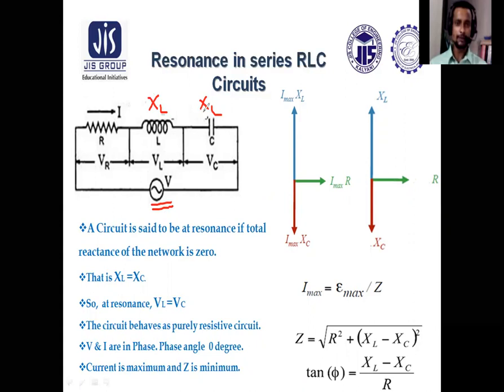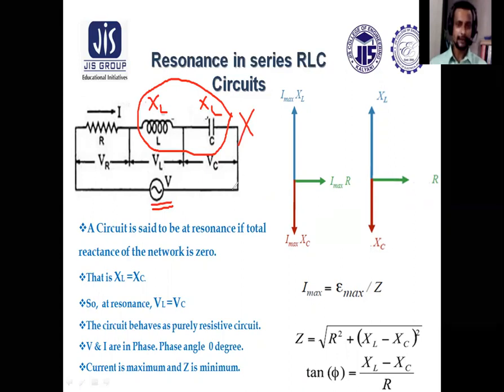When these two become equal, XL is in upward direction, if you remember, XC is in downward direction. So the entire effect of this reactive part will no more be there in the circuit. Okay, and the circuit will behave as a purely resistive circuit.